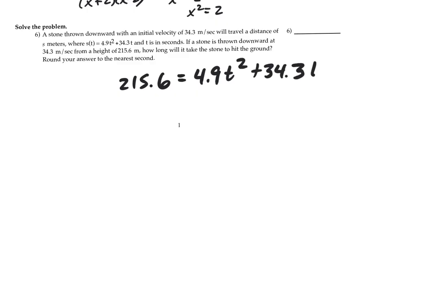And so what we're going to do is plug 215.6 in for my height or my distance. Okay, if they told me the amount of time, like if they said we're going to throw the stone for 5 seconds, then I would plug 5 in for t, right? So t is time, s is distance or height.